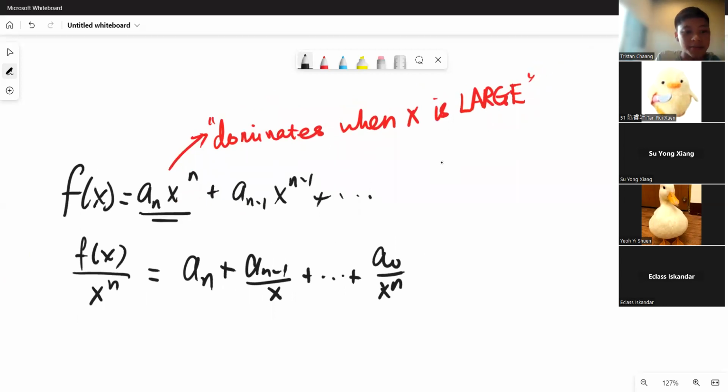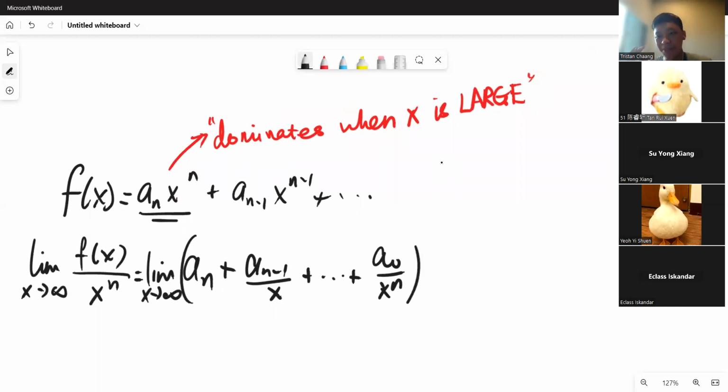So why did I write this? Because if we take the limit as x goes to infinity, I'm sorry if you haven't learned limits yet. Basically it means when x is going to a very large number. Well, this goes to a_n, right?